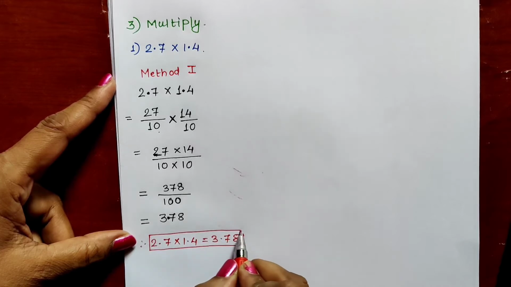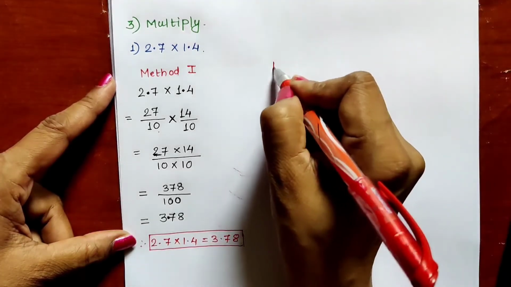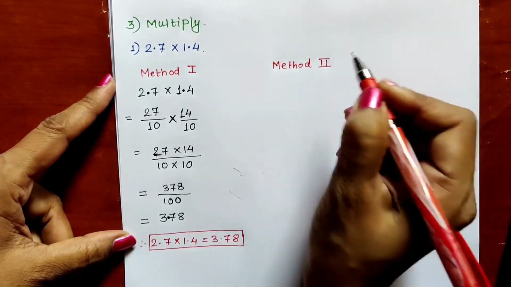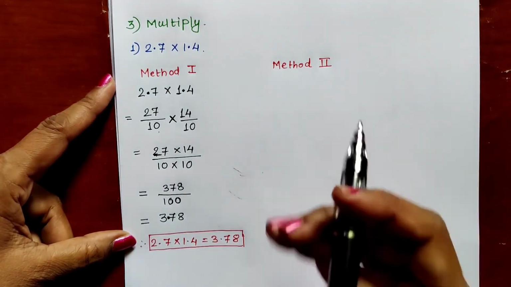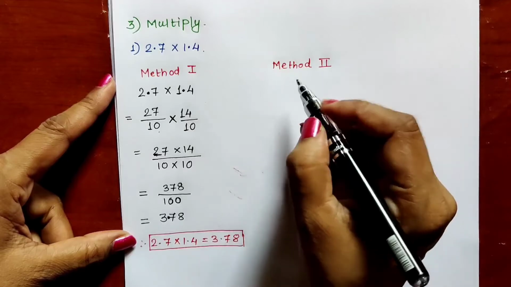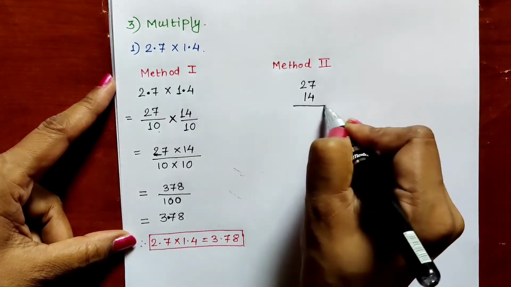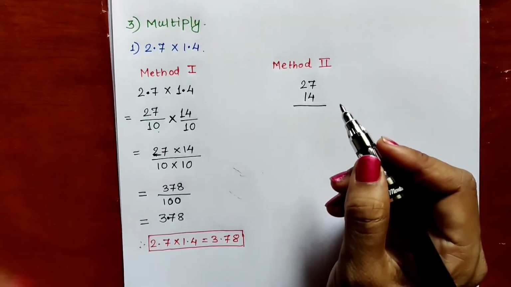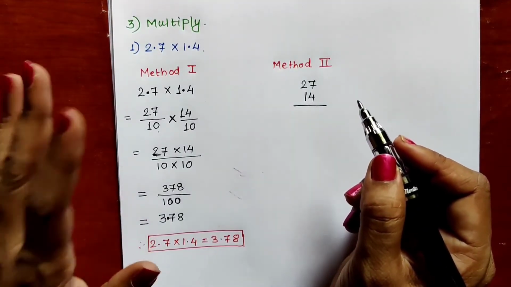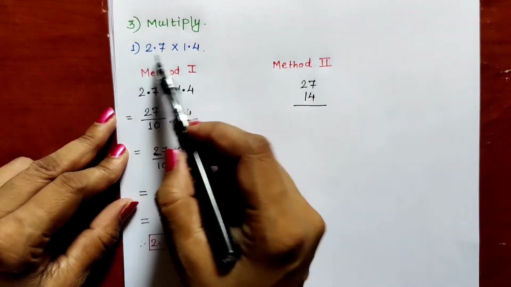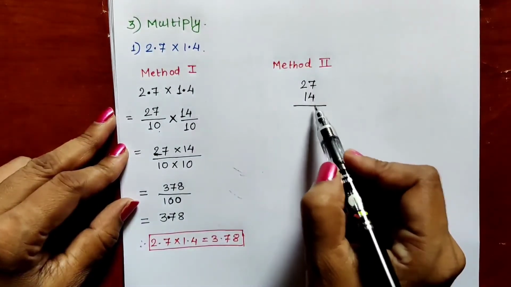Otherwise, simple method of multiplication you can apply. I will be showing you method 2 also, which is the simple method of multiplication. In this method, first you can multiply without writing the decimal point in the number. Forget the decimal point for 2 minutes. We have to just multiply this 27 into 14. Do not write this decimal points while multiplication.